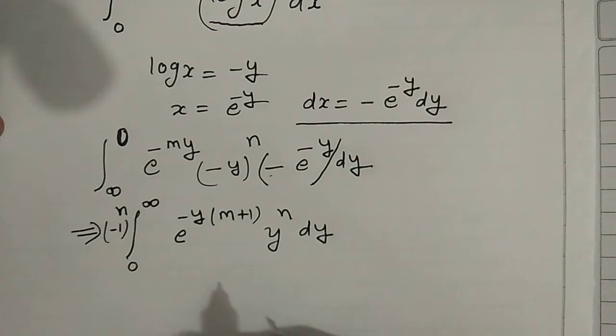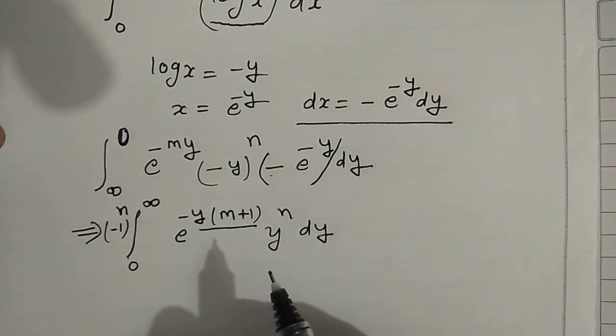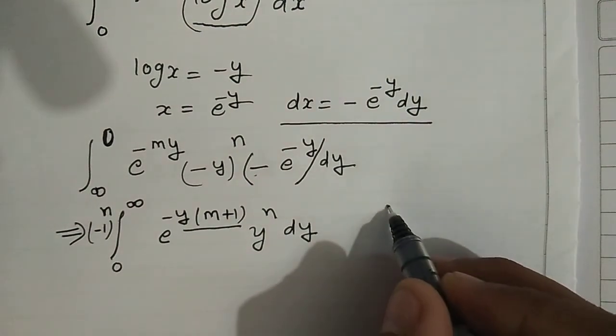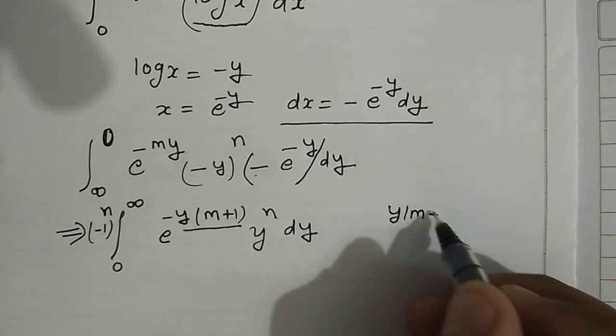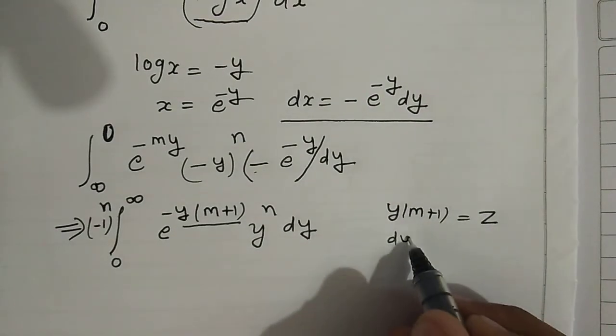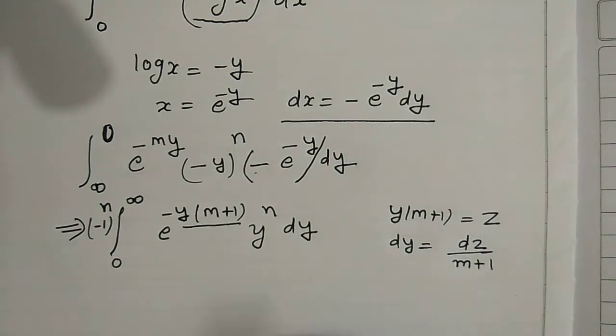Now we have the form e power minus x, x power n minus 1. So let us define (m plus 1)y equal to z. So dy equals dz by (m plus 1).